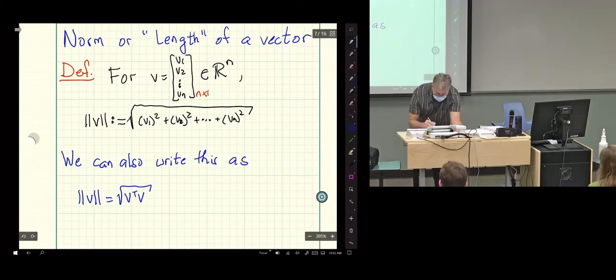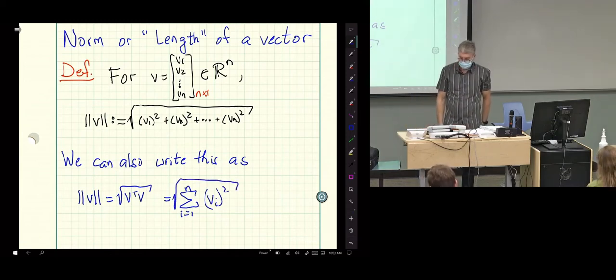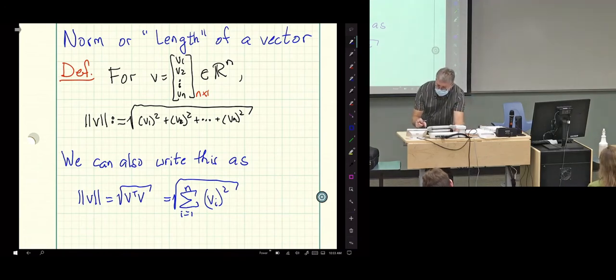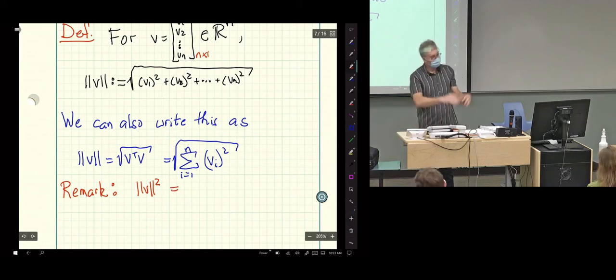And then, if you like your sum symbol, so you know how to do it in a for loop, you could just add up these things and take the square root. So they're all the same. And then just as a little remark, if we square the norm, we get rid of the square root, okay?